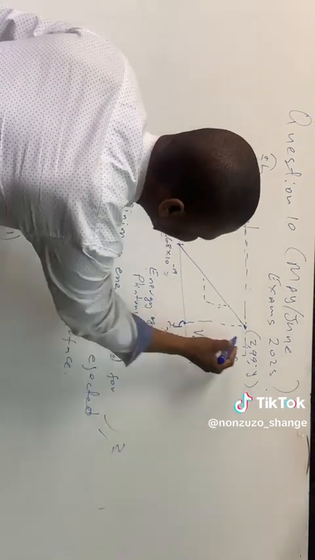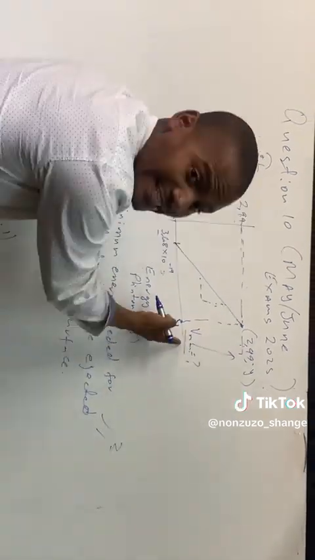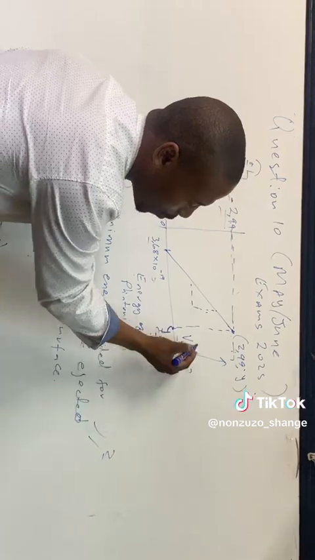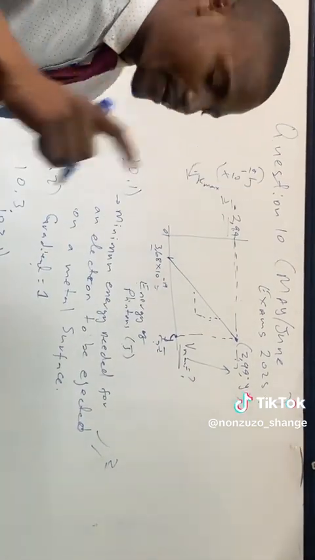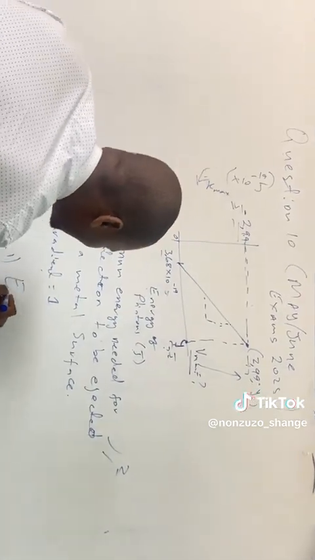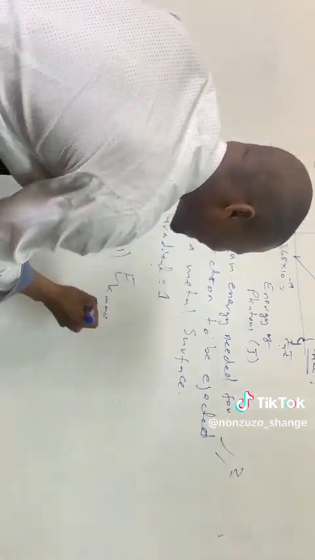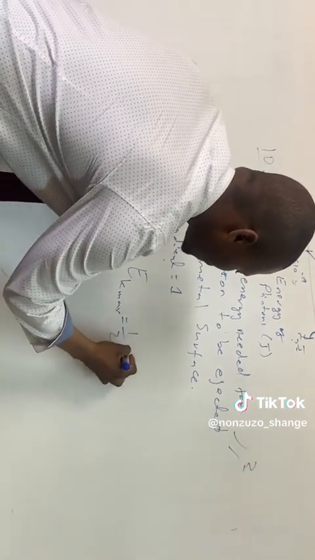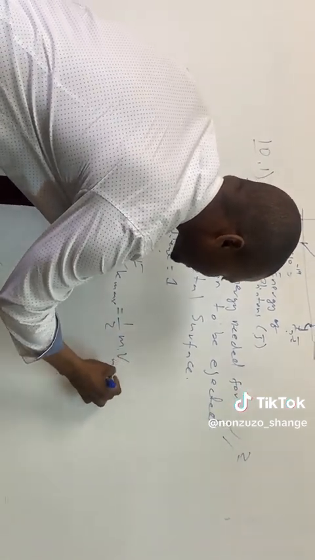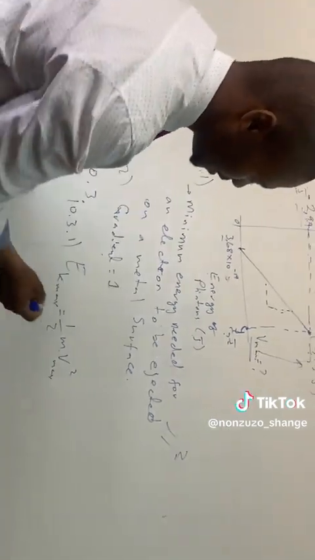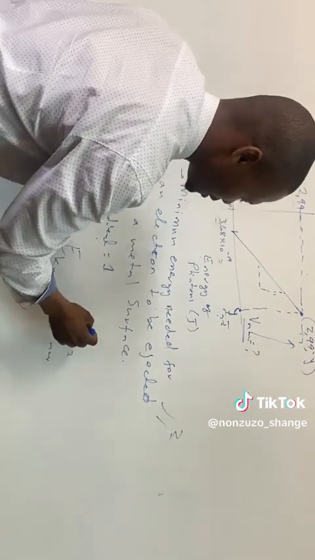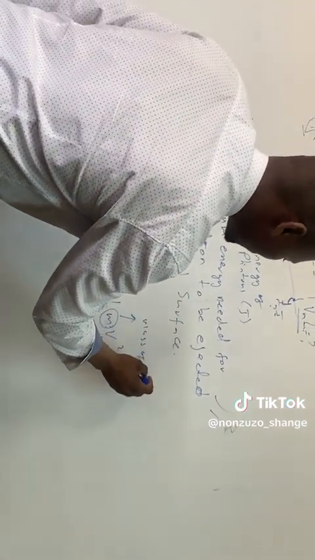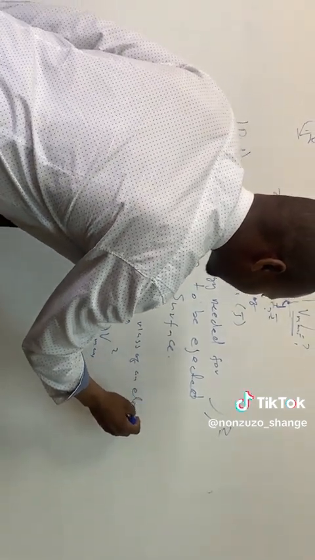maximum kinetic energy is equal to half m v max squared. This mass refers to the mass of an electron, and the value of it is found on the data sheet at the back of the question paper.